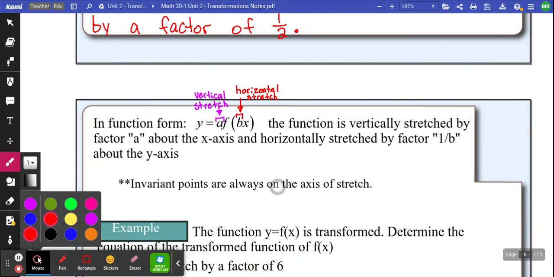Instead of saying multiply by a factor of what, you have to say that it was vertically stretched by a factor of whatever, and you have to say what you were stretching it from. There's got to be a reference point at which you're stretching something away from. What we're stretching it away from was the axes.